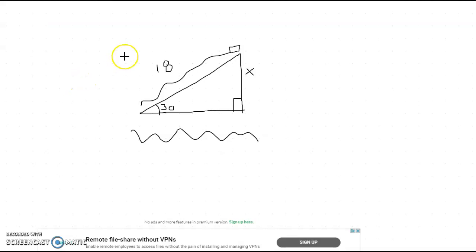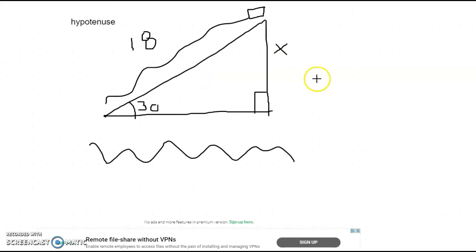So I know that this side is my hypotenuse because it is across from the 90-degree angle. I know that this side is my opposite because it is across from the 30-degree angle.